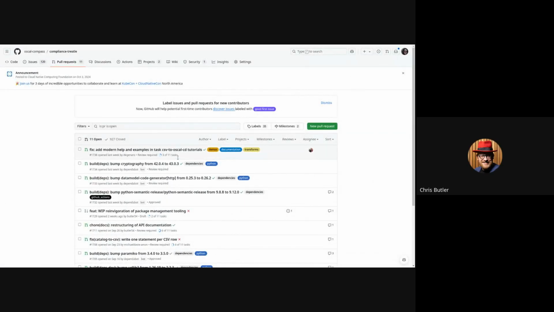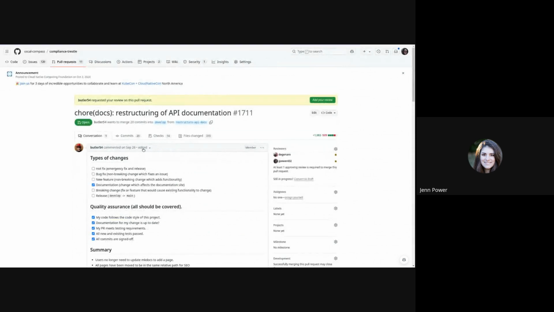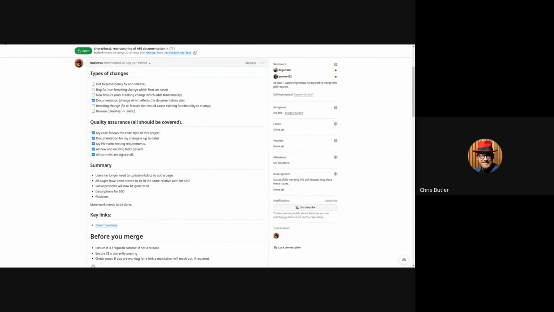So I think there are two which I want to talk about, if that's okay. Let's talk about 1711. Cool. Okay, so this is trying to back out some of the bad decisions we made early on, not really bad decisions, but suboptimal decisions in terms of the documentation. Effectively, make docs.